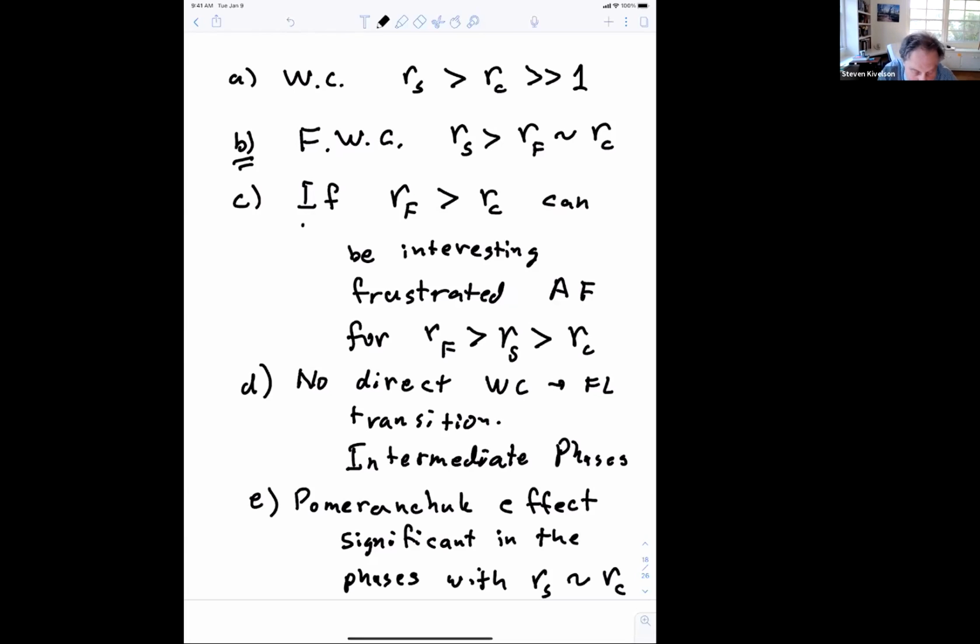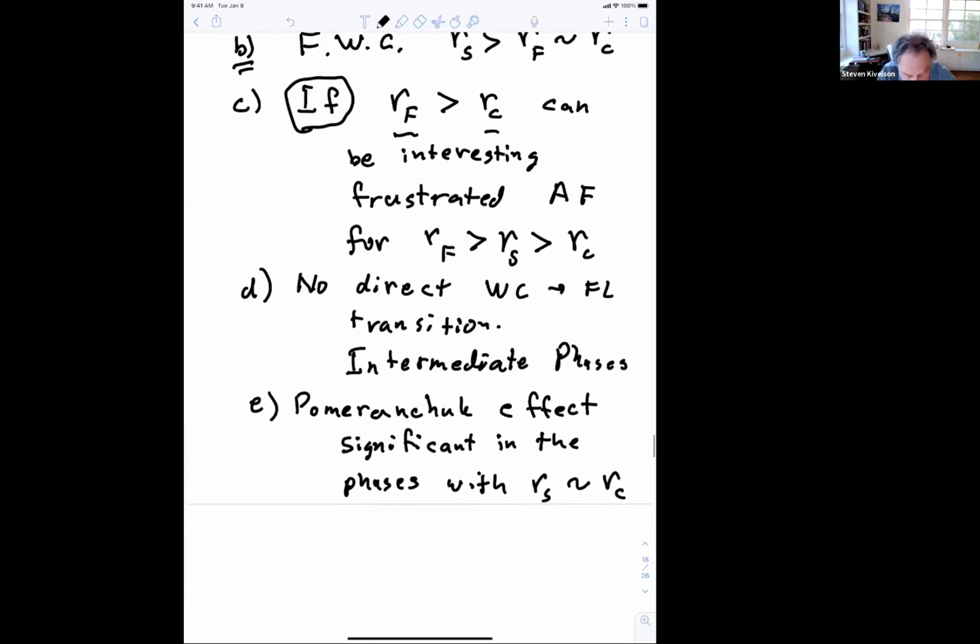And this could depend upon details of the microscopic physics. If RF is bigger than RC, then there is an interesting region of frustrated antiferromagnetism close to the edge of the Wigner crystal regime, and that's an interesting open question to understand exactly what's going on there.